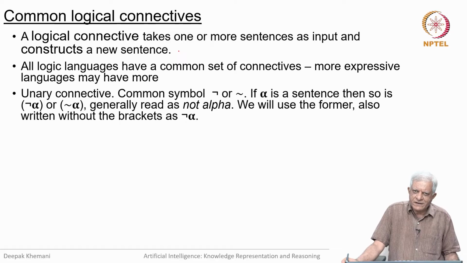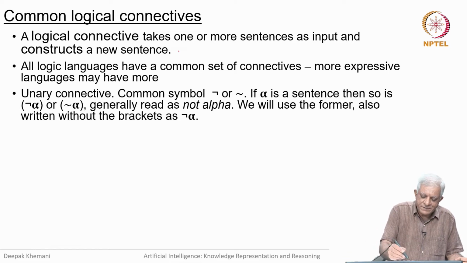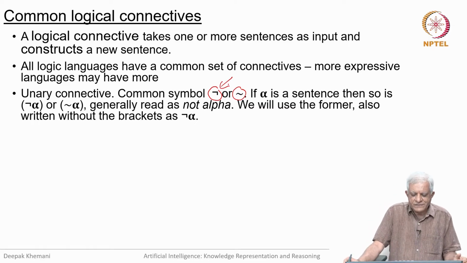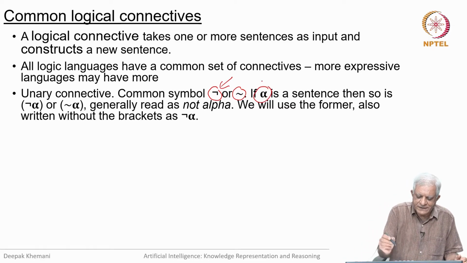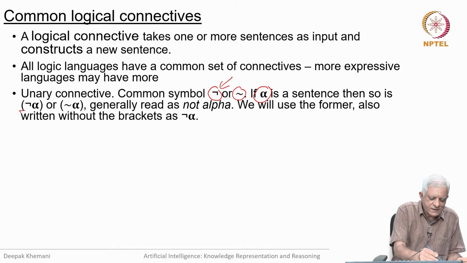So, one is a unary connective. There are two unary connectives. One is the identity, but we are not so much interested in the identity. The more interesting one is this symbol, which sometimes people use this, sometimes people use this, but we will use this symbol. And it says that if you give me any sentence as input, if alpha is a sentence, then so is not alpha.